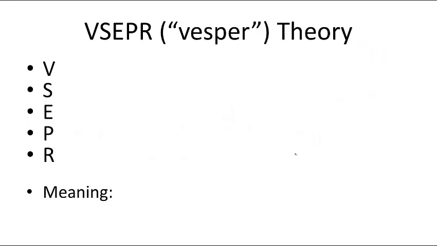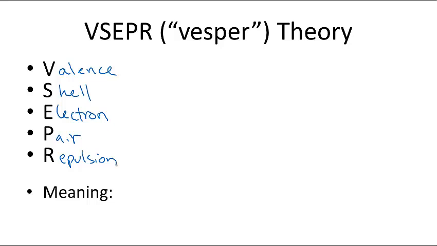All right. So, shapes. We're going to start with the VSEPR theory. This is an acronym for valence shell electron pair repulsion theory. VSEPR is just a lot easier than saying that whole thing all at once. So what does this actually mean, though?